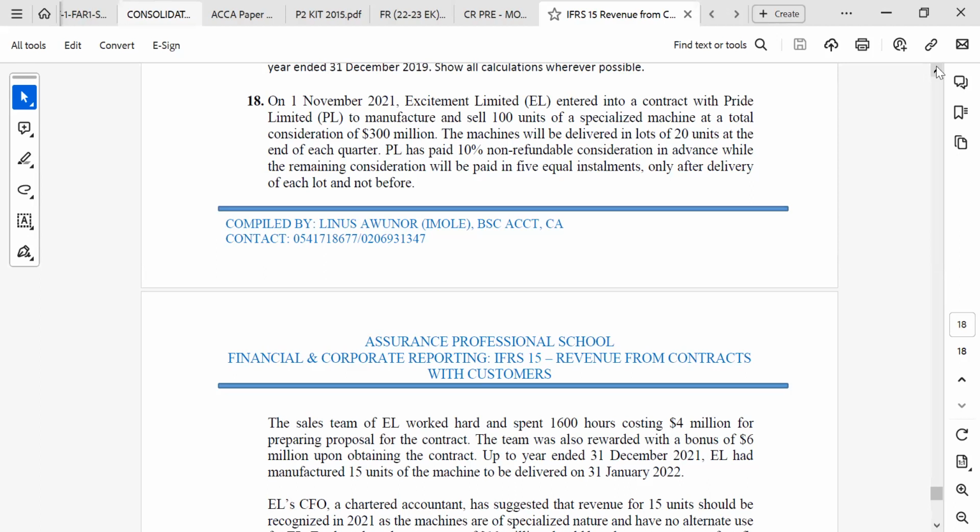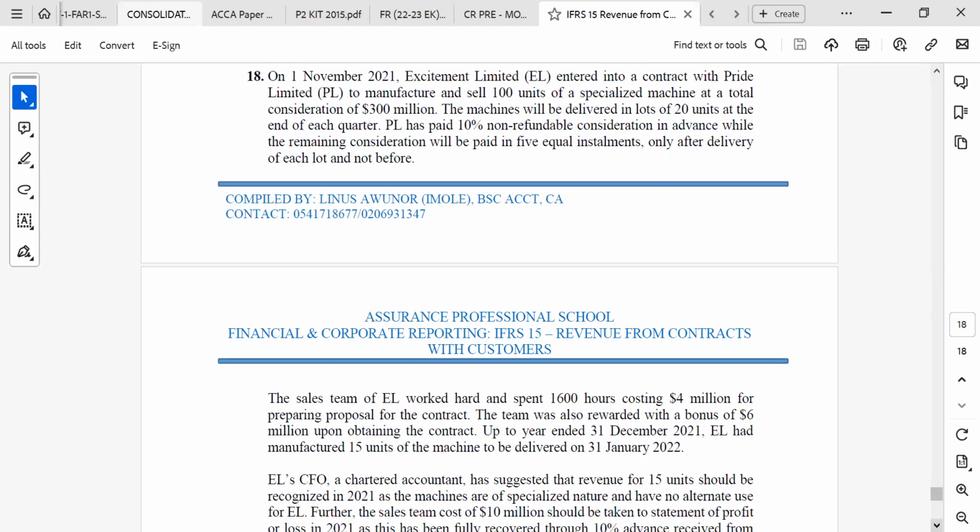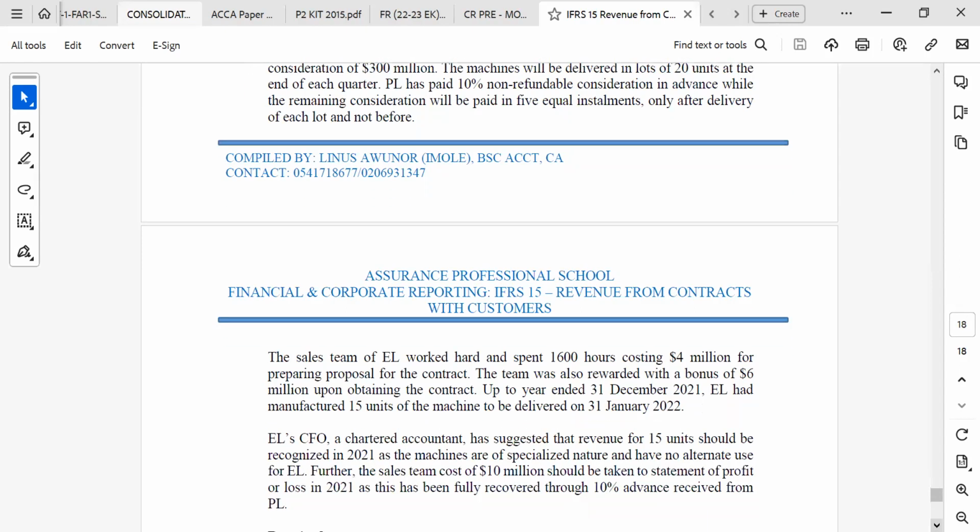So you have to first tell the people that the CFO is saying that the revenue for the 15 units should be recognized in 2021 as the machines are of specialized nature and have no alternative use. The meaning is that since we are done with the manufacturing, we can't use the machine ourselves.